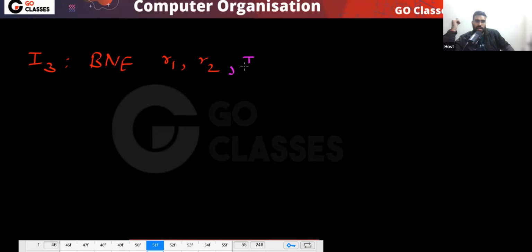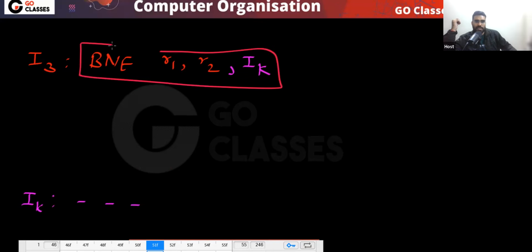This instruction means jump, branch if not equal to some location ik. This is your some location ik. So it means jump to ik if R1 not equal to R2.